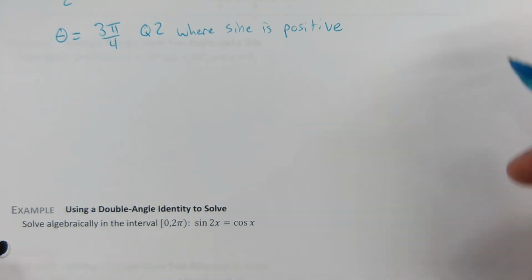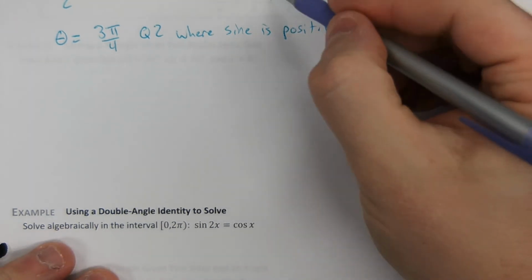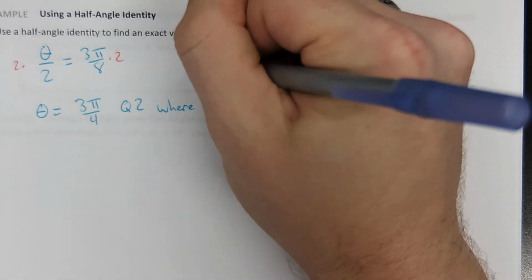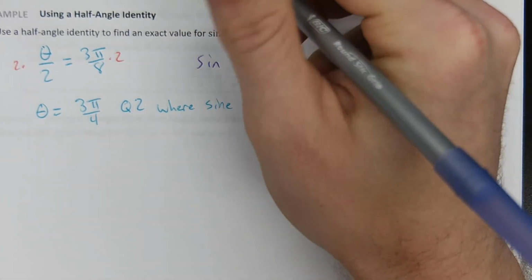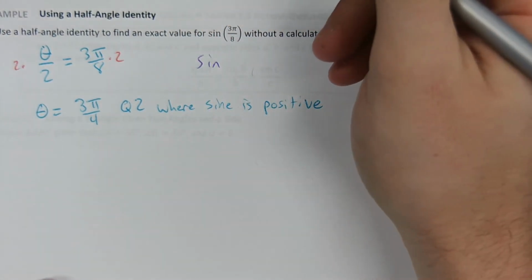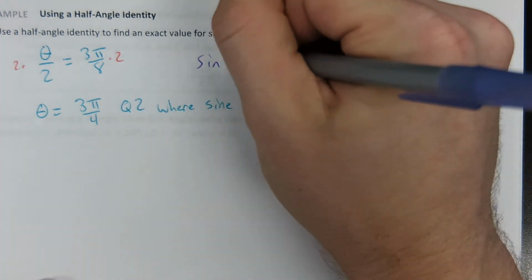I'm just going to write the identity on the page up here so I don't have to keep flipping back and forth, maybe so you don't have to keep flipping back and forth. Plus, the more times you write it, the more likely you are to accidentally memorize it. I think I can squeeze it in right up here. So we have sine of, I'm going to use theta instead of u since I've already got thetas on my paper.